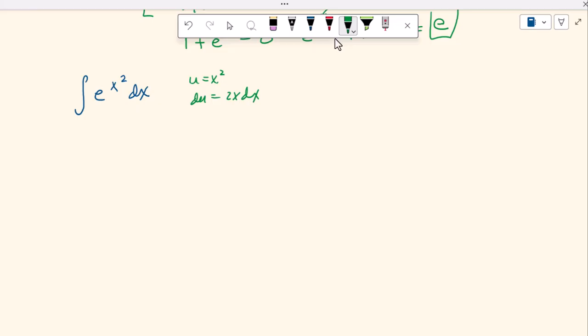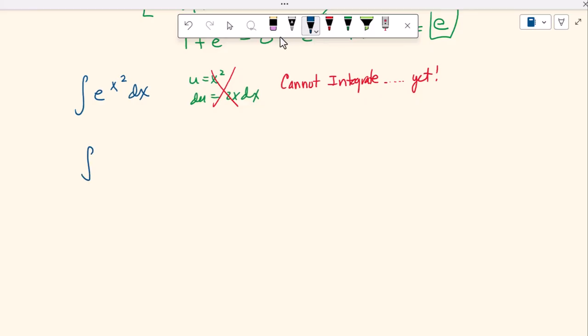Well, I can do something about the missing 2, but I can't do anything about the missing x. So this doesn't work. And I cannot integrate this yet. This is a Calc 3 problem. So we can't integrate it this semester, but next semester we might have a shot at it.